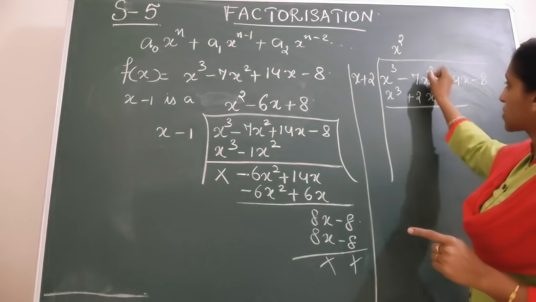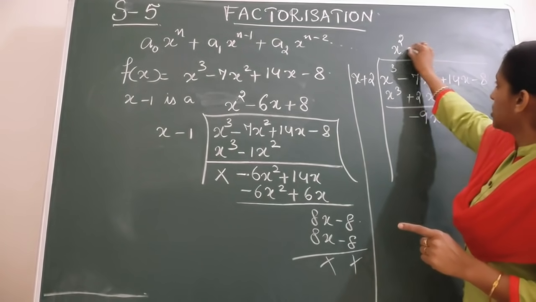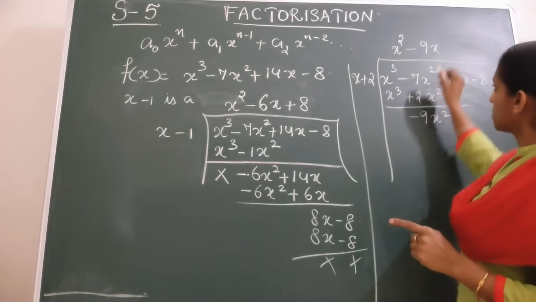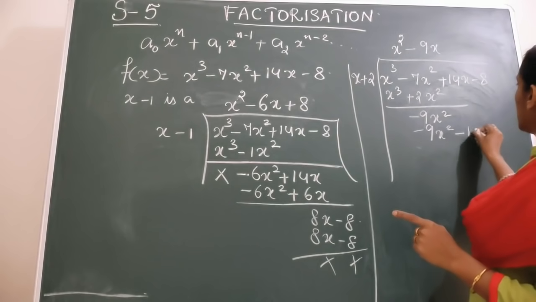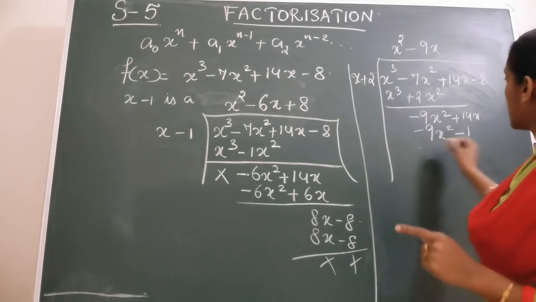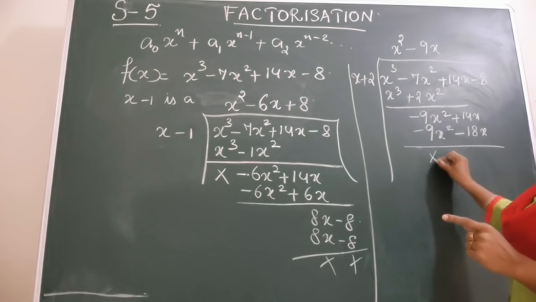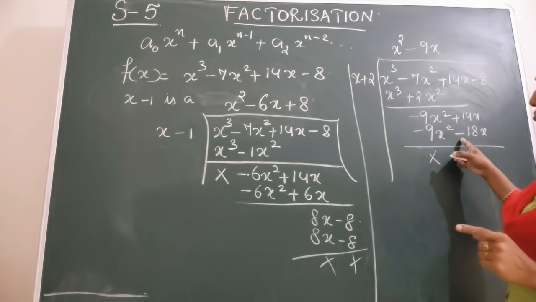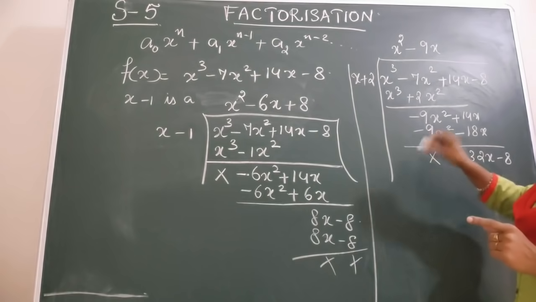So after subtraction you are getting minus 9x square. You need minus 9x square minus 8 plus 14x here. So minus 18x will come. Minus 18x after subtracting, that means this will be also positive. So you are getting 32x minus 8.